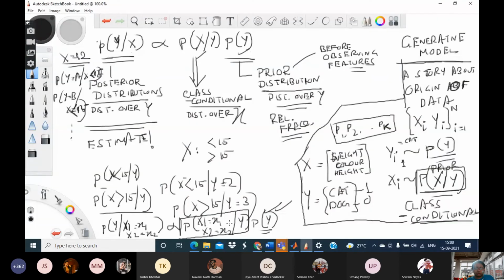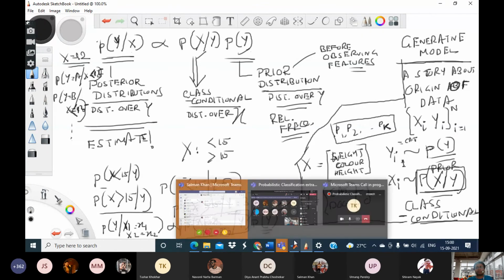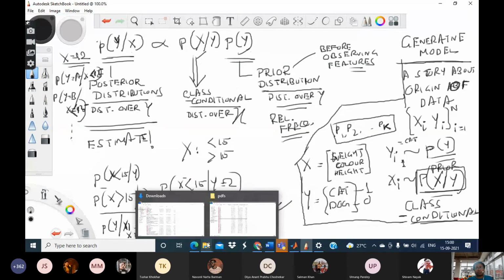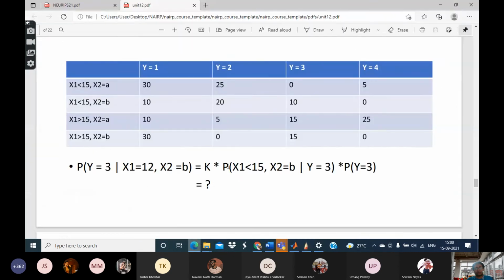The posterior is proportional to the class conditional times the prior. Since it's proportional to, there must be a constant of proportionality. It does not matter what exactly that constant is, but you will be able to estimate it easily by the same principle that you had used in the previous case.